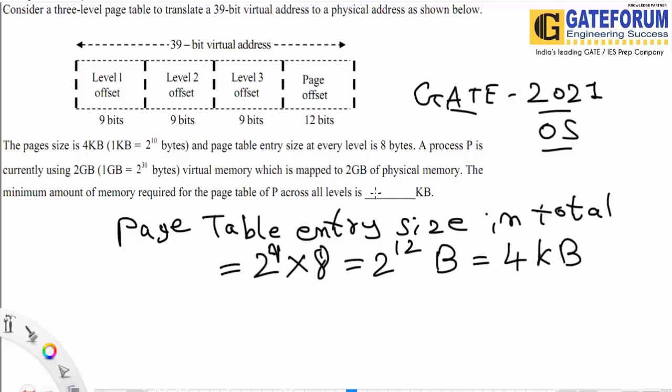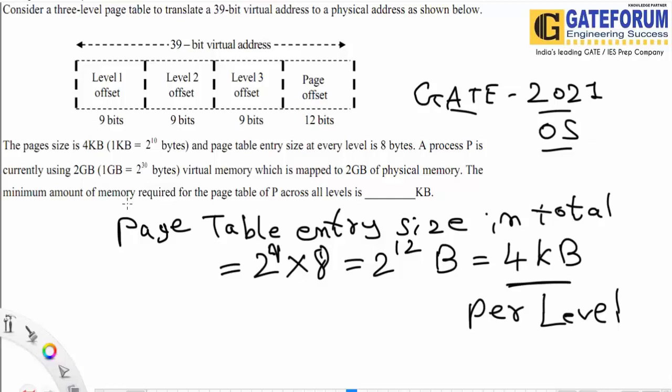That's what we can find as the entire page table size per level. This is per level. Hope you understand the concept of what we are trying to do. All the levels have the same thing, so we can take it into consideration for all levels also.